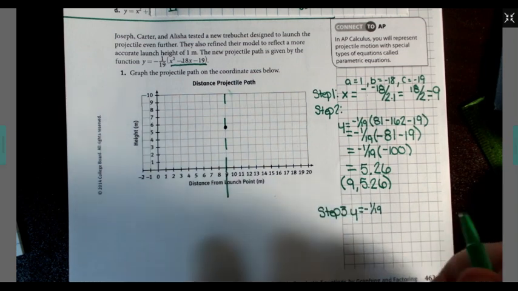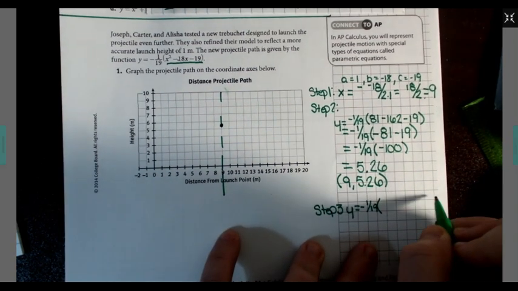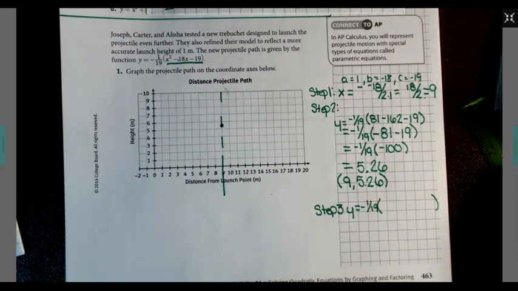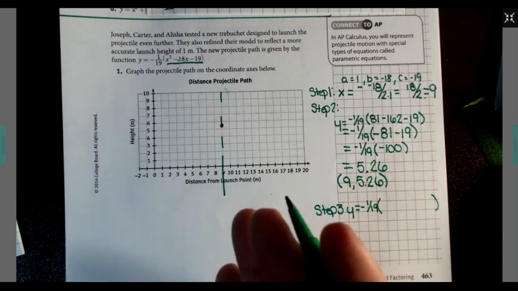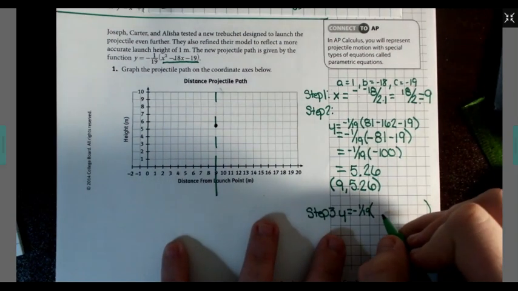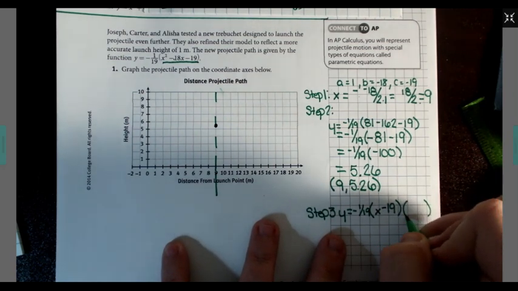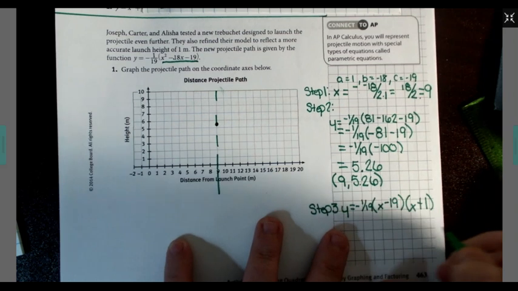Next thing, step 3 says find your zeros. The -1/19 doesn't change anything. We still want to factor that x squared minus 18x minus 19. What two numbers will multiply to give me -19, but when added or subtracted in this case, would give me 18? That's going to give me x minus 19 and x plus 1.